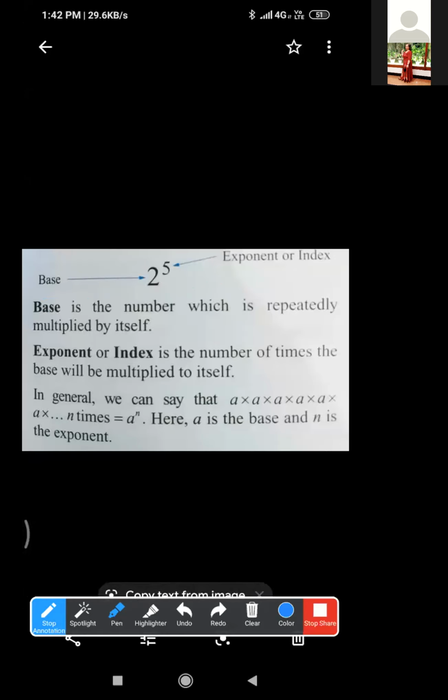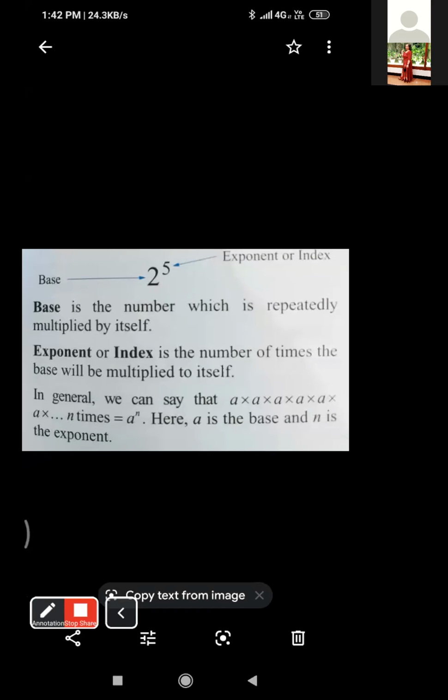Clear? Then what is base? Base is the number which is repeatedly multiplied by itself.